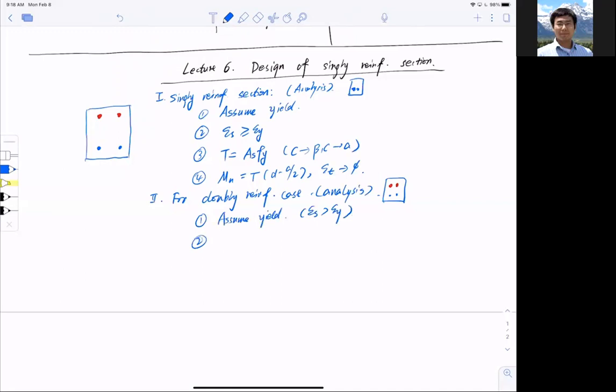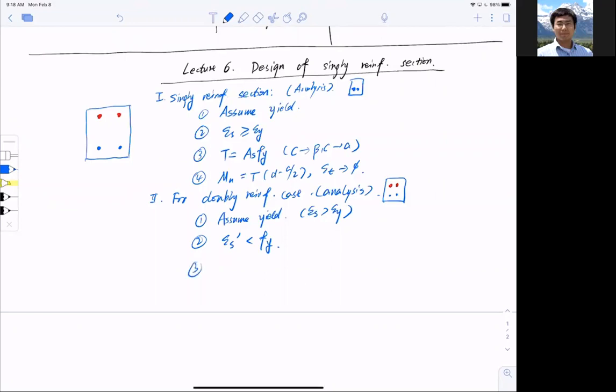And then we also have to make sure the strain in the compressive reinforcement, epsilon s prime, is not yielding. Some of you may say, what if it yielded? Then we use the yield strength for the stress in the compressive reinforcement.